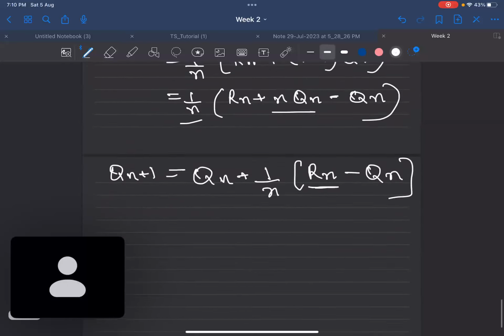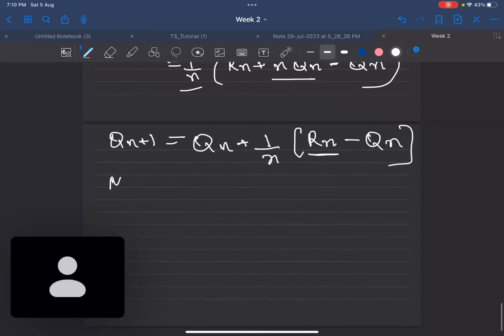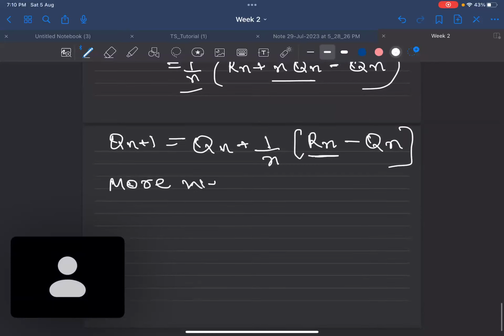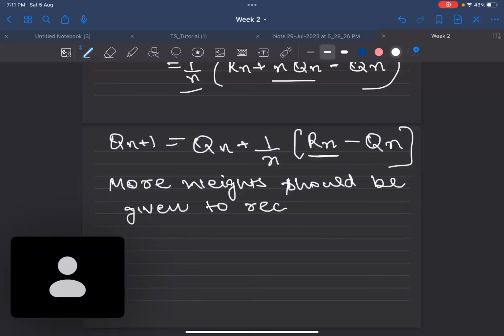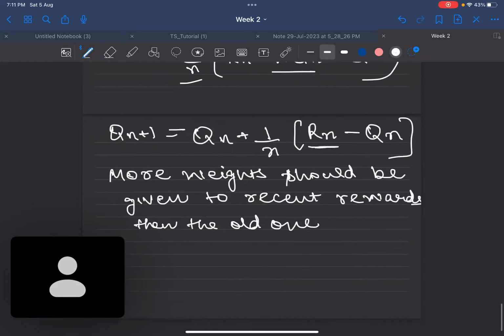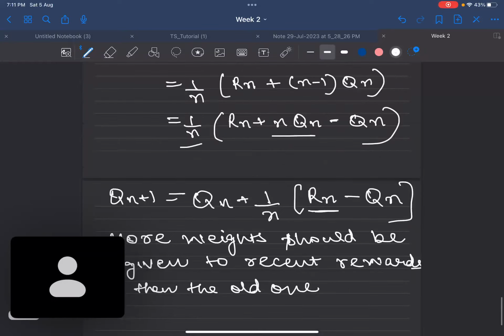So basically, this says that more weights should be given to recent rewards than the old ones. How is it saying that? Let us see. Let us say this as alpha only.